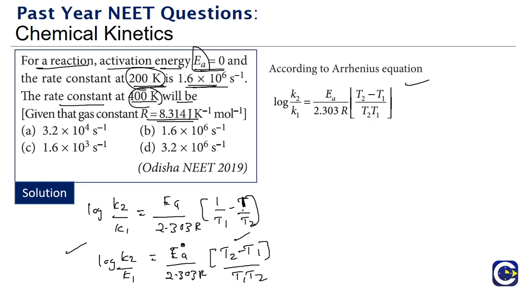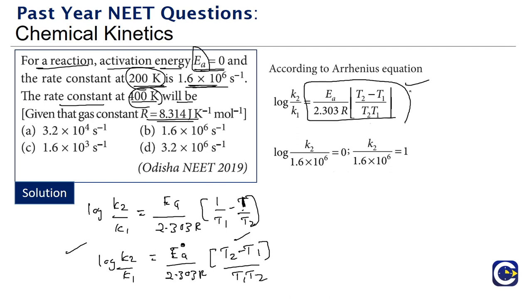We take K1 as the rate constant at 200 Kelvin, 1.6 into 10 power 6. On substituting, in the RHS we can see that the EA value is given as 0, so the entire RHS is going to become 0.